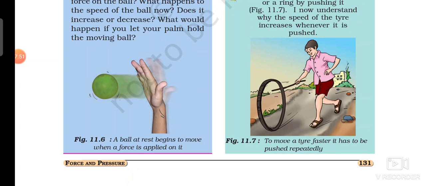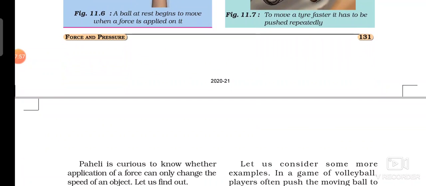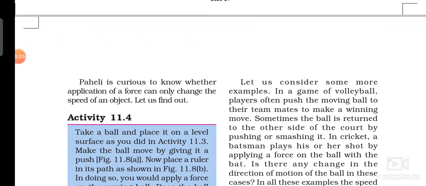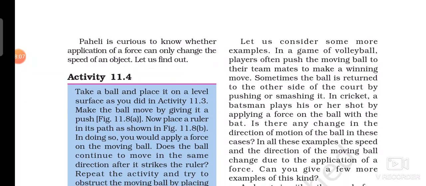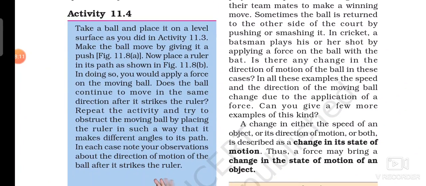It can either increase the speed or decrease the speed of the moving object, right? उसको जिस डायरेक्शन में मूवमेंट चालू है उसी डायरेक्शन में अगर फोर्स अप्लाई होगा तो उसकी स्पीड इंक्रीज होगी. बट इफ द फोर्स इज अप्लाइड इन ऑपोजिट डायरेक्शन देन द स्पीड विल डिक्रीज. सो द फोर्स कैन चेंज द स्पीड ऑफ मूविंग ऑब्जेक्ट.